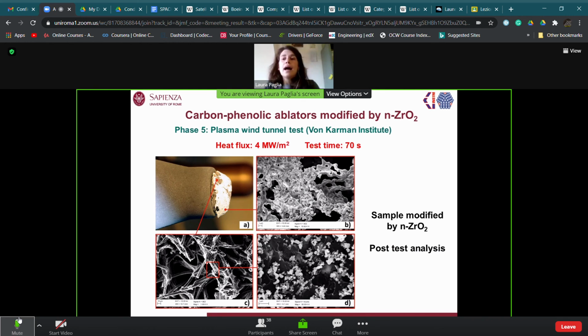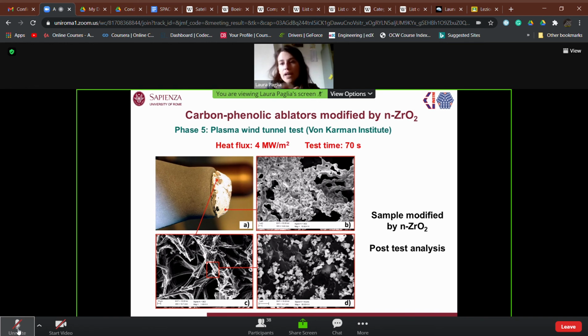Oh, we don't know exactly what happened, but for example, zirconia has a very high melting point. Okay, the material does not reach that high temperature, but we have nanoparticles, so there could be a phenomenon of lowering of the melting point, but the particles do not melt together.